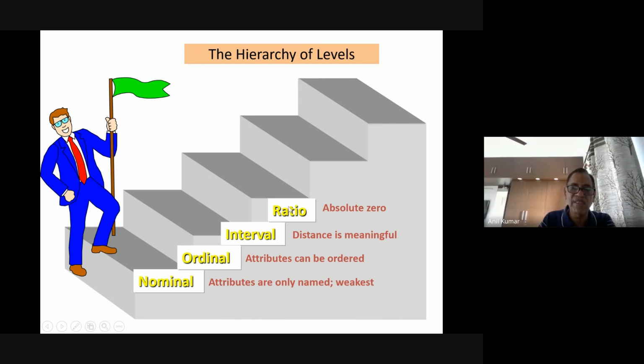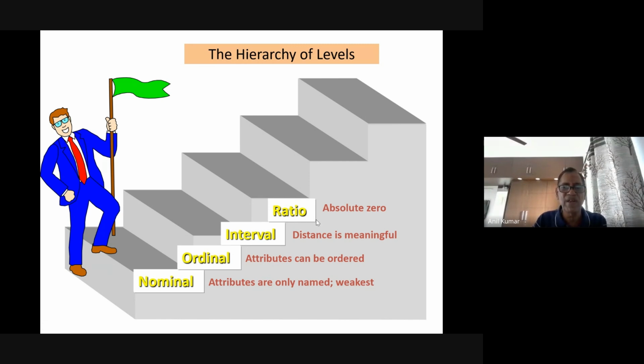Now the difference: nominal means you are simply naming the characteristics. Ordinal means we are ranking the data; attributes can be ordered and ranked.